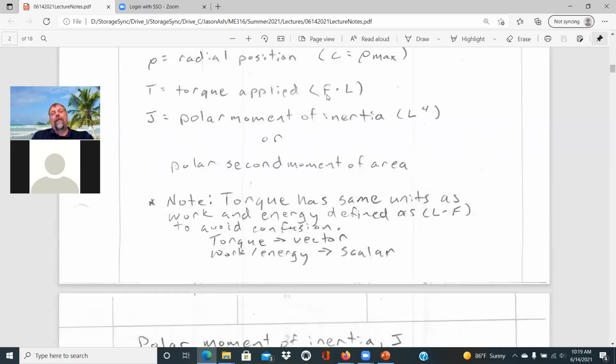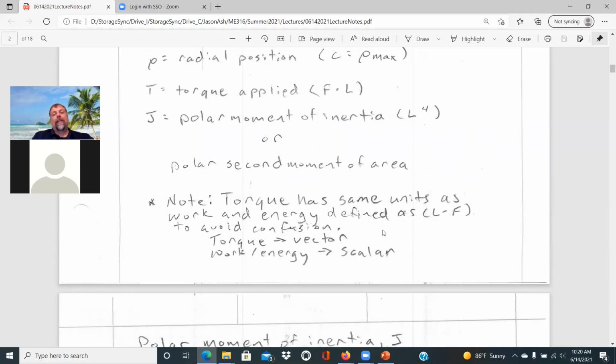But torque, the way they do that in the English system, that would be like a pound-foot of torque. Whereas if you're defining energy, it would be in a foot-pound. To avoid confusion, they just alternate those. But you should be aware of, when you're solving problems, if you're dealing with a torque or if you're dealing with energy in your calculations.